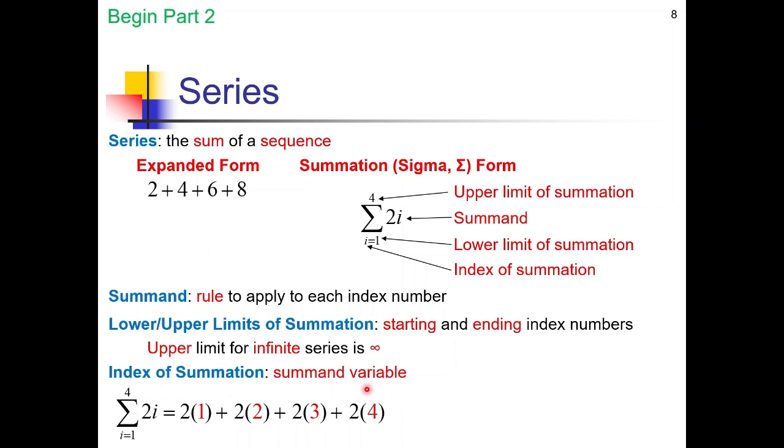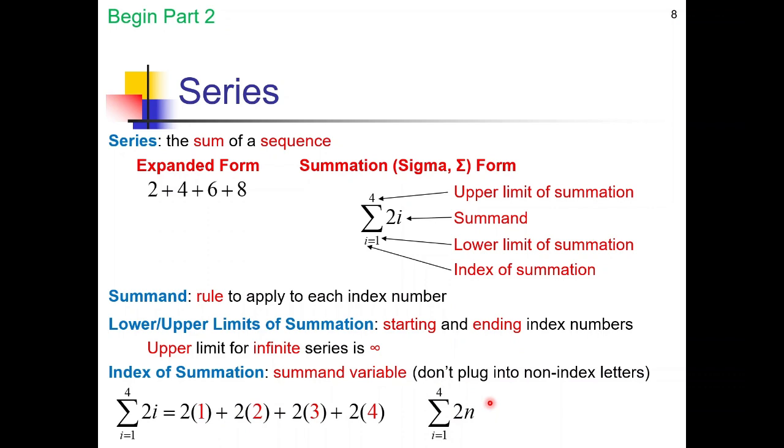Now this is just worth noting, and we always have to write this letter here, because if there is a letter here that's different than the letter in the summand, we don't plug into non-index letters. So for example, if I had the expression summation of i equals 1 to 4 of 2n, because there's no i in here, I don't actually plug the 1, 2, 3, 4 into anything.